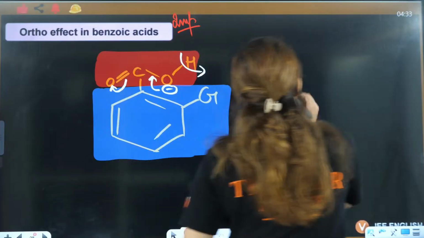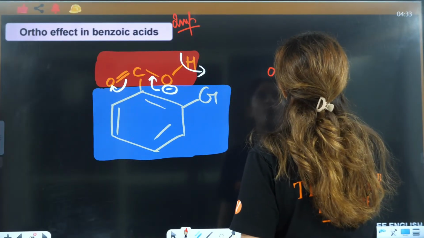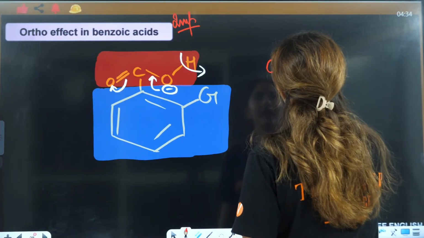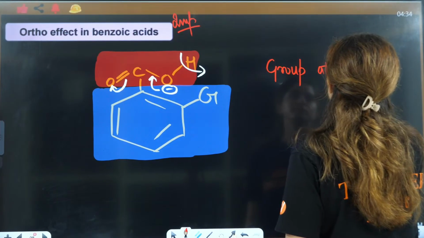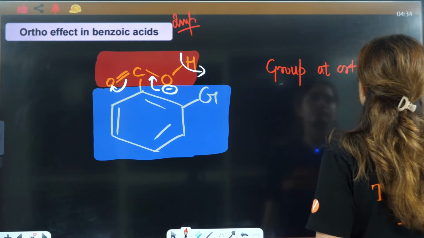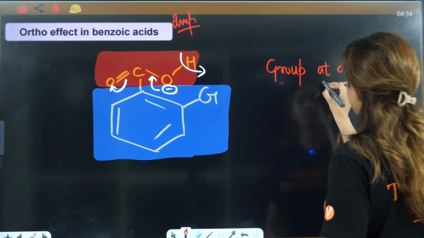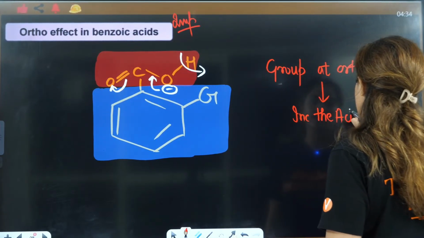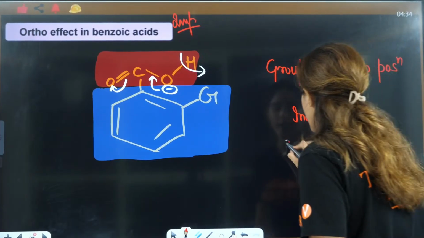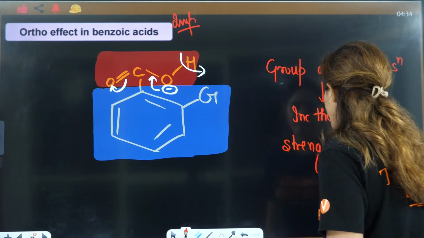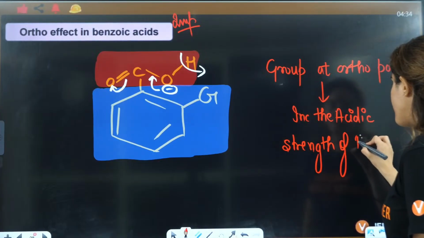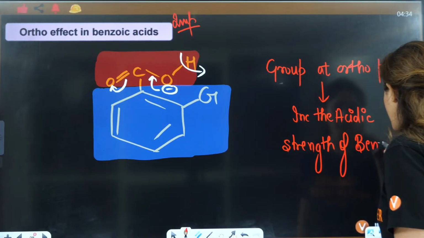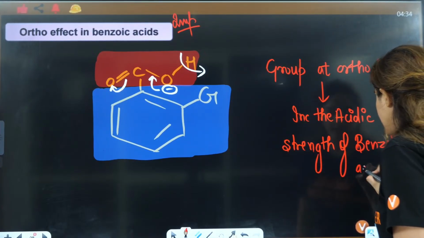And that is the reason when you have a group at ortho position, any group at ortho position is going to increase the acidic strength of benzoic acid, okay, of benzoic acid.